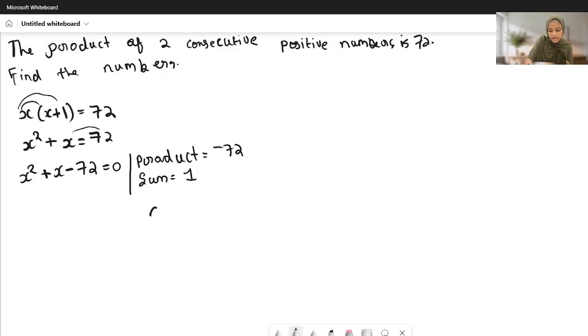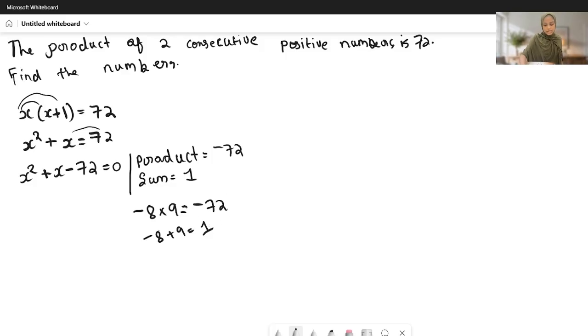If we take 9 into 8, it is 72, but we need negative 72. 9 into 8 is positive 72. So we can take something else. For example, minus 8 into 9. Minus 8 into 9 is negative 72, and minus 8 plus 9 is positive 1.